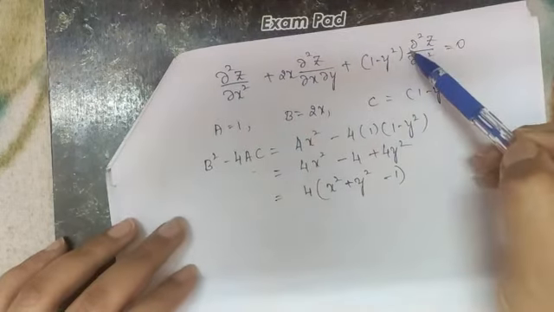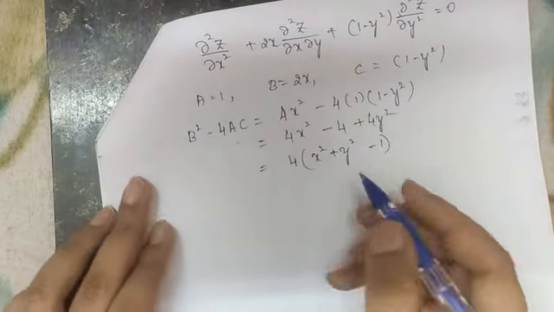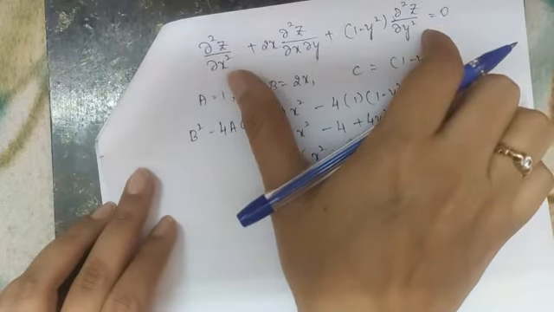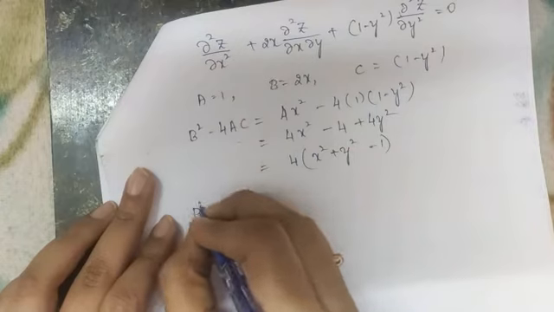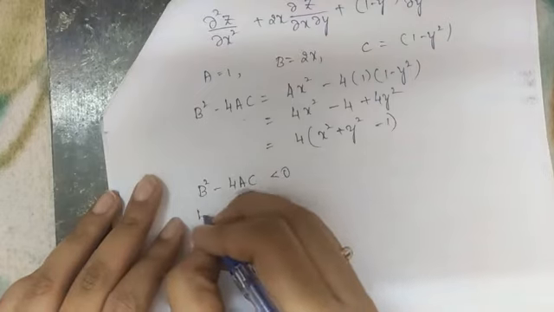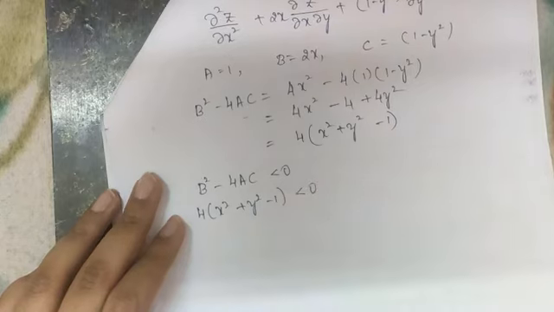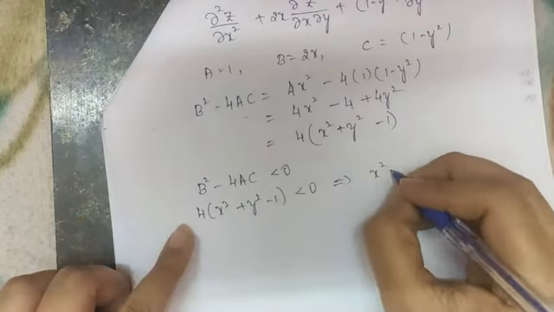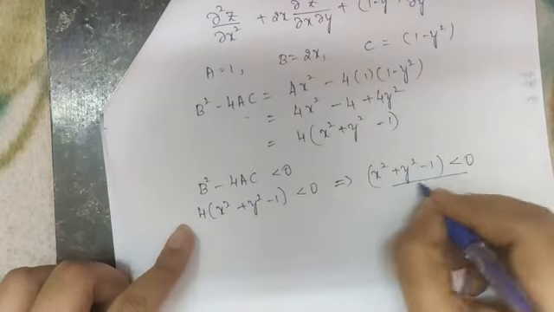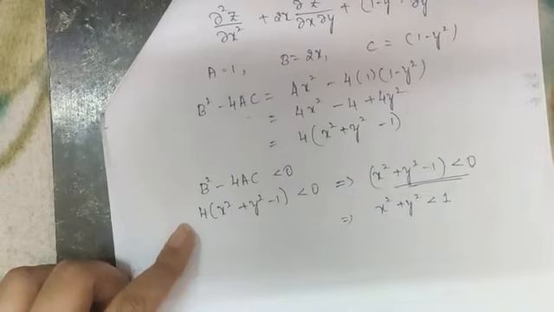equation is elliptic inside the boundary. So for that, the given equation is elliptic when b² − 4ac is less than 0. That means I will consider 4(x² + y² − 1) < 0. This implies x² + y² − 1 < 0, or I can rewrite this as x² + y² < 1.